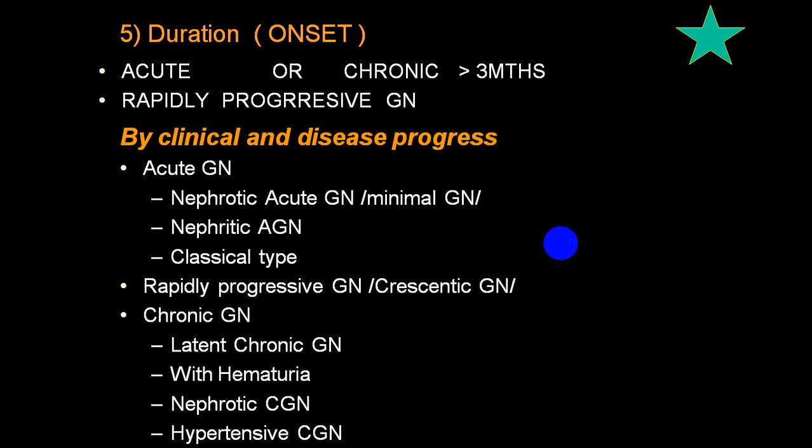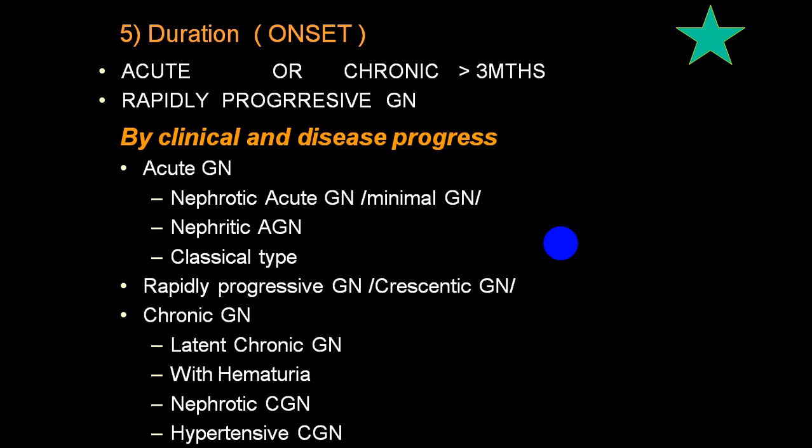Duration wise, it is divided into acute, chronic, and rapidly progressive. We say chronic when it persists for more than 3 months. Acute is subdivided into nephrotic variety, or minimal change glomerulonephritis, nephritic acute glomerulonephritis, and there are other classical types.